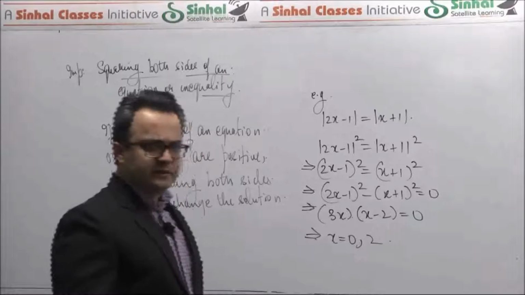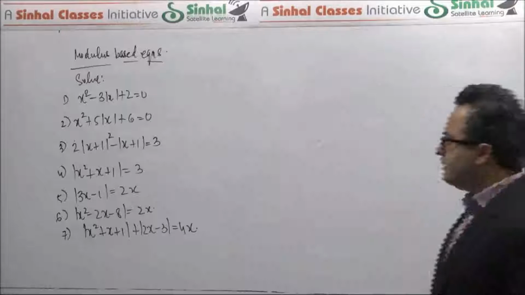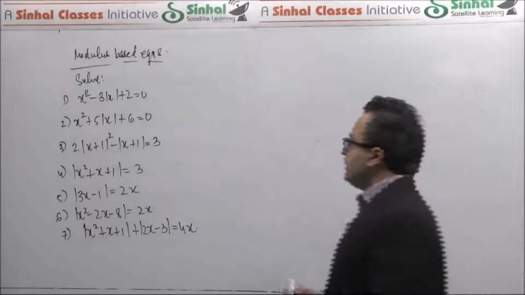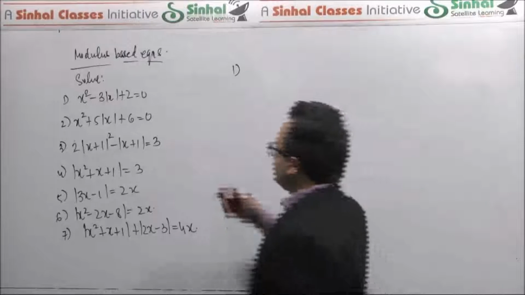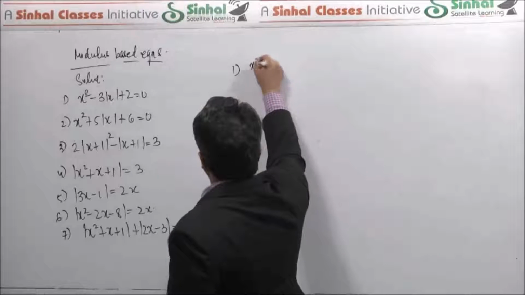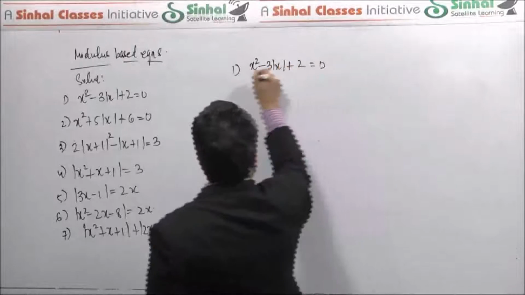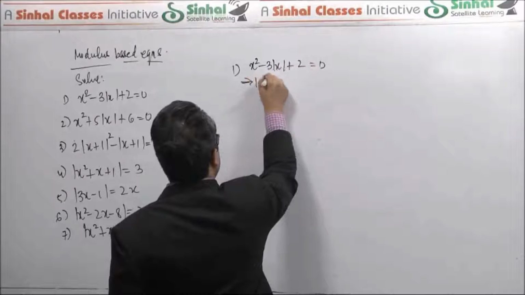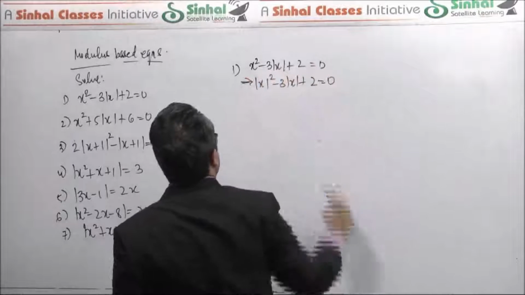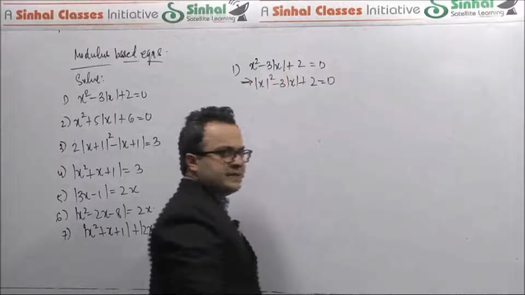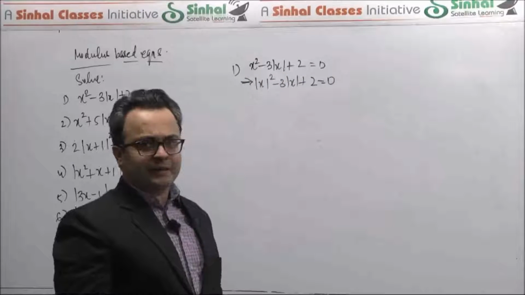So with these fundamentals in place, let's start looking at modulus-based equations now. So let's start looking at these questions. We could use the property that x square and mod of x square is the same, which means that I can replace x square by mod of x square, and once I do that, I simply get a quadratic in mod of x.